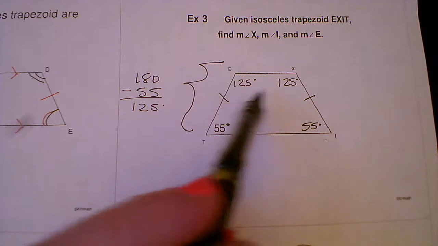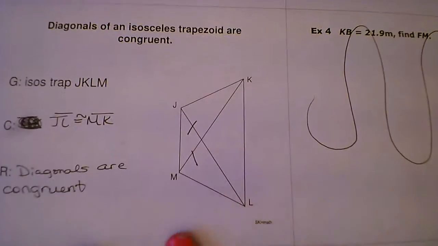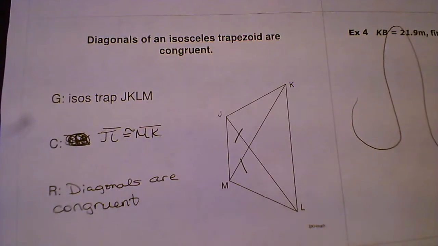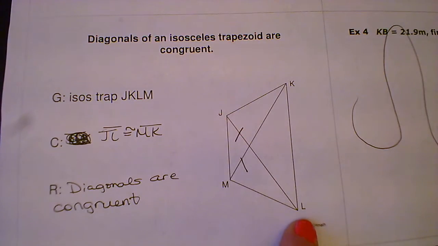My base angles are congruent, so I know angle I is 55 and angle X is 125. Also, in an isosceles trapezoid, the diagonals are congruent. So if I know one piece here, I know the other piece here. If I know that JL is 30, then I would know MK is also 30.